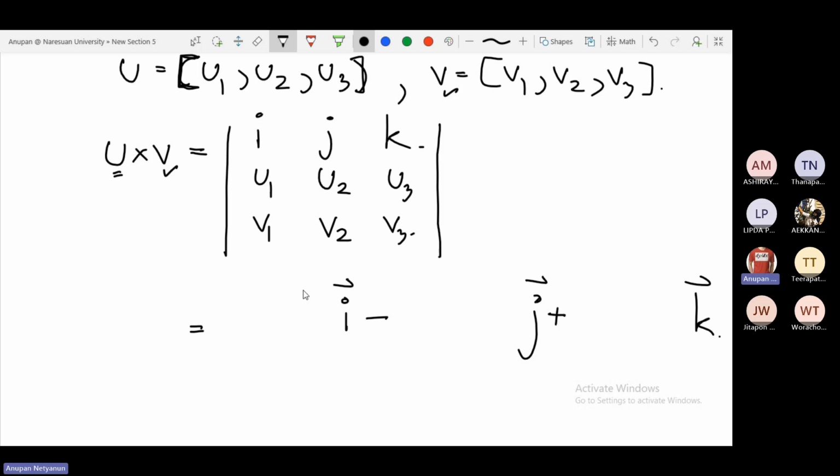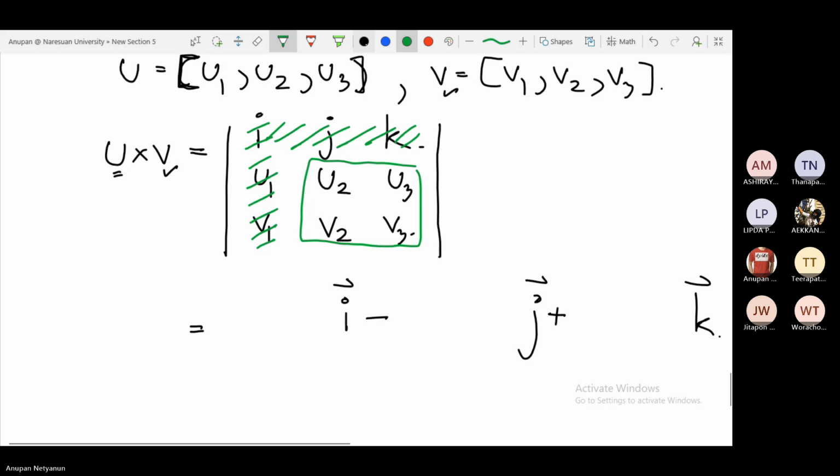Now, to find the coefficient of i, what you do is you just close down the column that has i, and then close down the row that has i. Okay. So you are left with this. Okay. Then you just find the determinant of this.